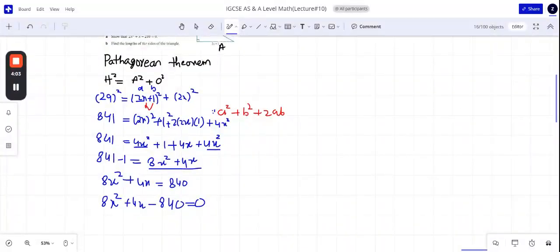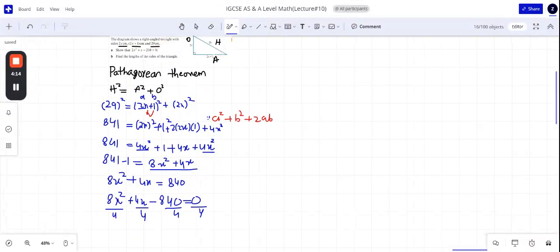The 4 is common between them, so we divide the whole equation by 4. Here it becomes 2x squared plus x: 8 divided by 4 is 2, 4 divided by 4 is 1, 840 divided by 4 is 210, and 0 divided by 4 is 0.